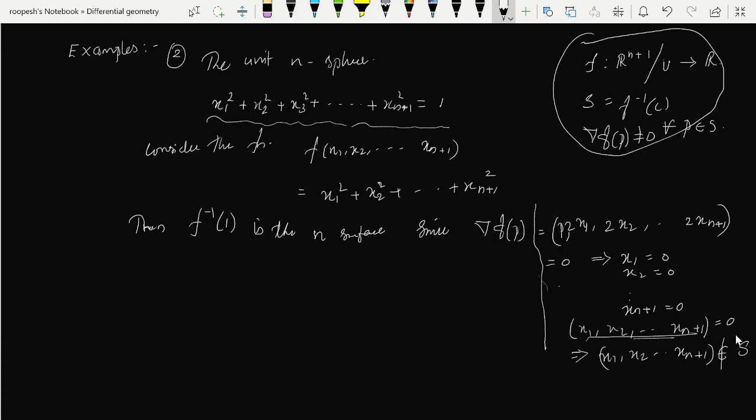So here we can conclude that it's an n-surface, since del f of p is not equal to 0 for all p belonging to S. So we have proved that this unit sphere is an n-surface. Hope you understood how to prove this, right? So we can take a second example.